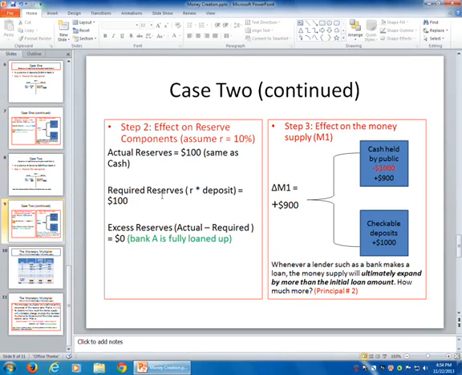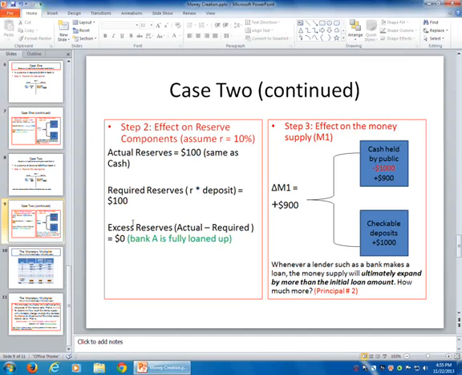For the required reserves, you take the required reserve ratio of 10%. There was no deposit made. The only deposit we're aware of is $1,000, and so the required reserves are still stuck at 100. So required reserves didn't change because we made a loan. There wasn't a deposit occurring in this instance.